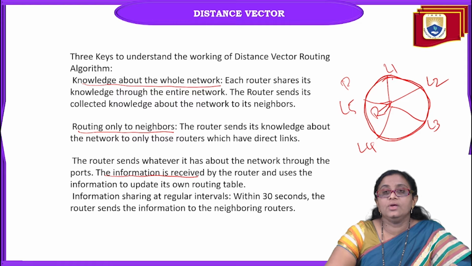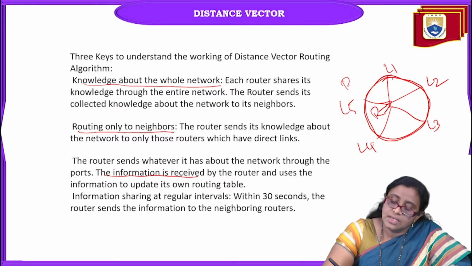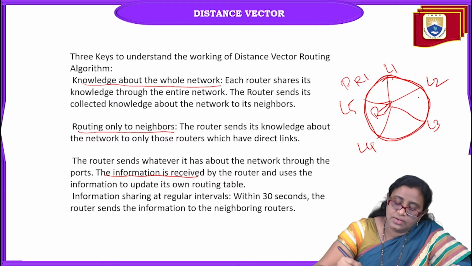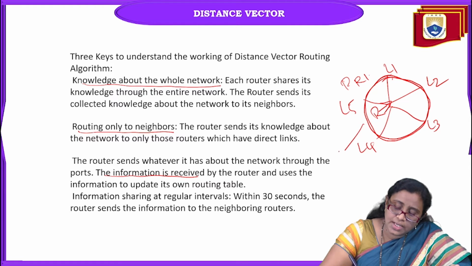Coming to routing only to the neighbors. The router sends its knowledge about the network only to those routers which have direct links. Suppose this is router 1 of a subnet, and router 2 has some WAN connections, W1, W2, W3 and W4.